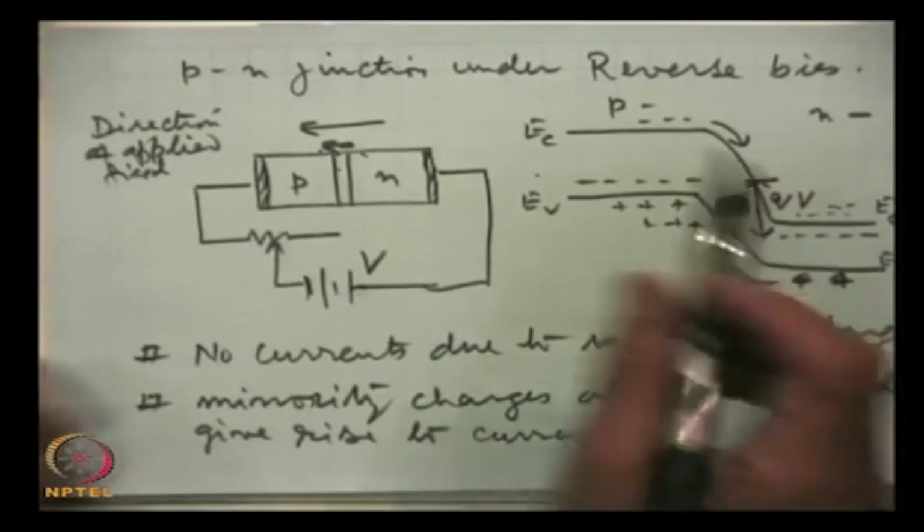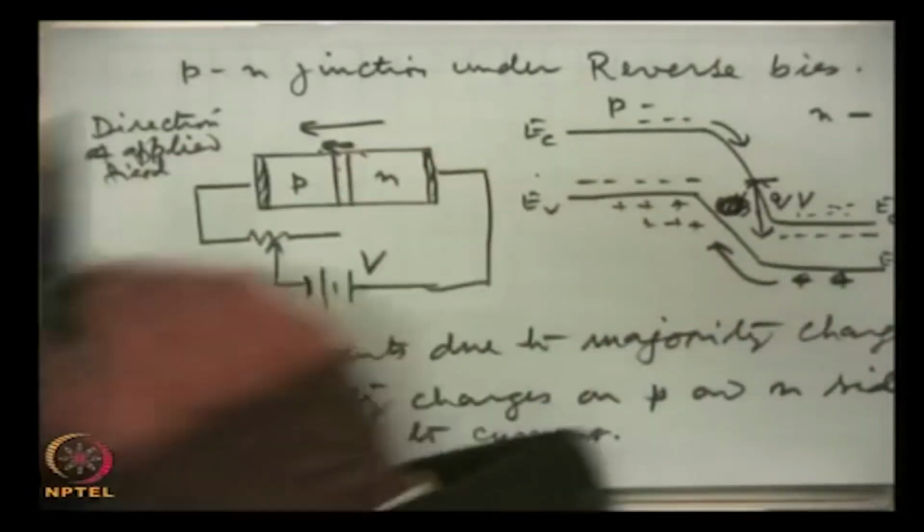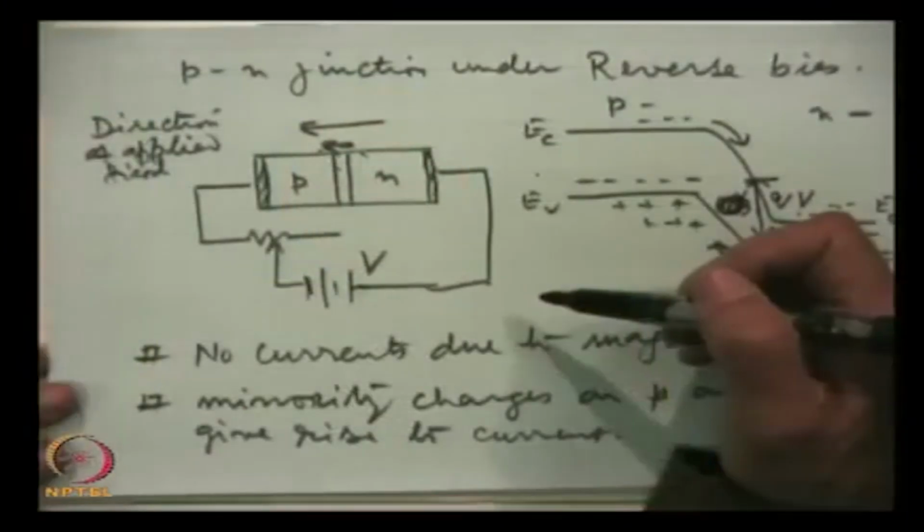Another thing is, these thermally generated charge carriers, the minority charge carriers, their concentration depends only on the temperature. So, by changing this reverse voltage, the current is not going to change.